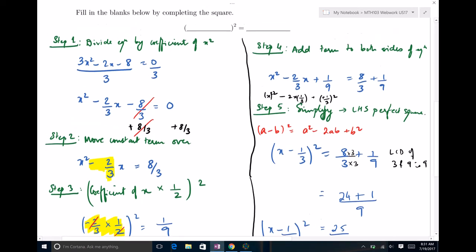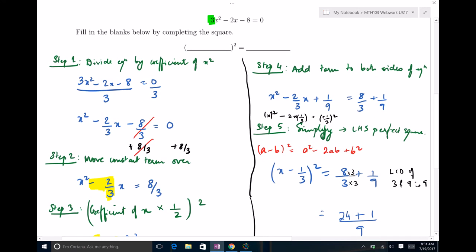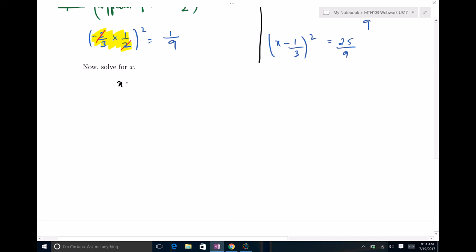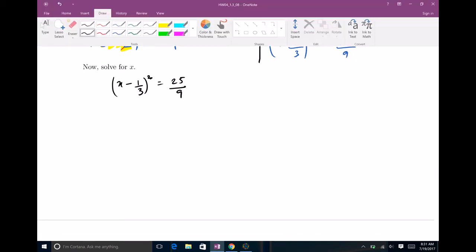Now I can go back to the beginning and fill in the blanks. I have x minus 1 over 3, the whole squared, is 25 over 9. And this is great because now to solve for x, all I need to do is solve this equation. Since I have a square on one side, I'm just going to use the square root method.